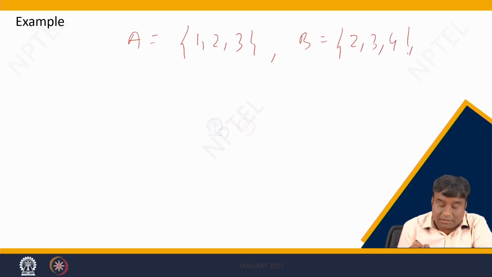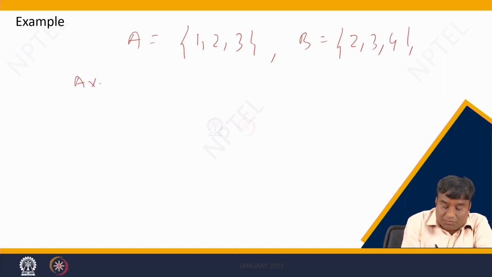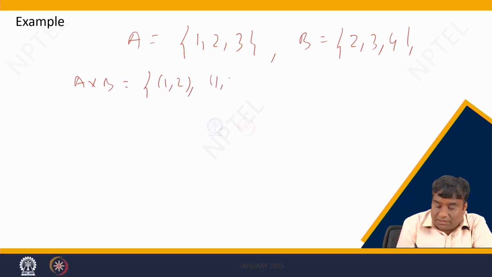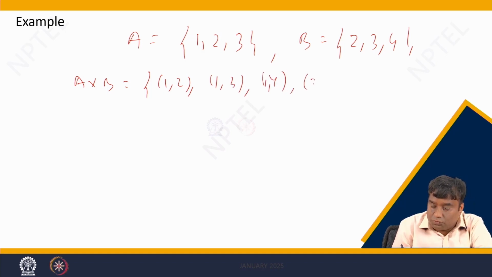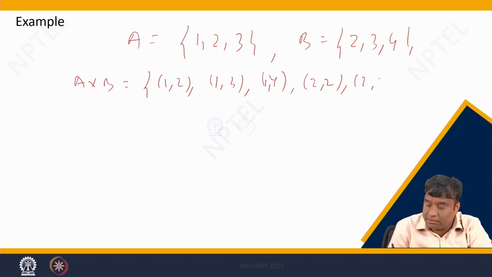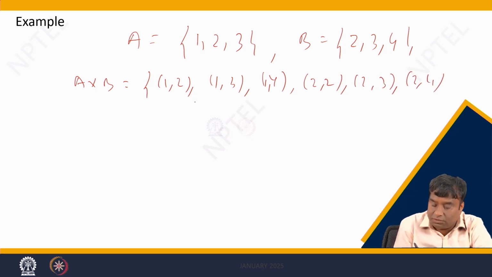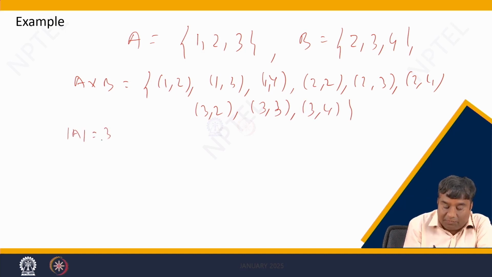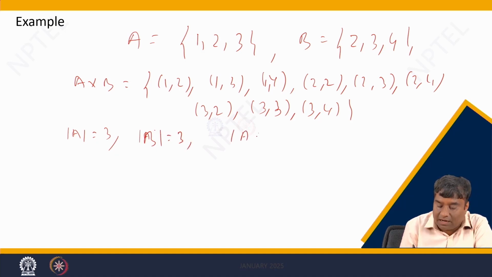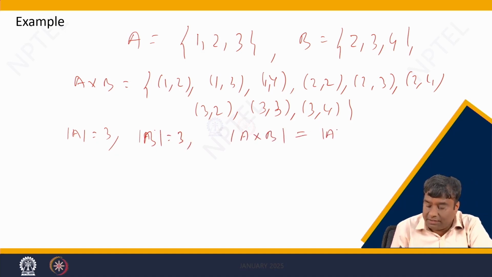So the Cartesian product A cross B should be equal to (1,2), (1,3), (1,4), (2,2), (2,3), (2,4), (3,2), (3,3), (3,4). Check: the cardinal number of set A is 3, the cardinal number of set B is 3, so the cardinal number of A cross B is 3 times 3, that is 9.